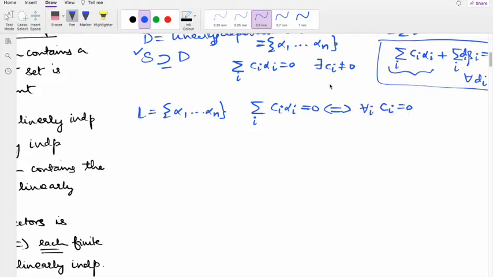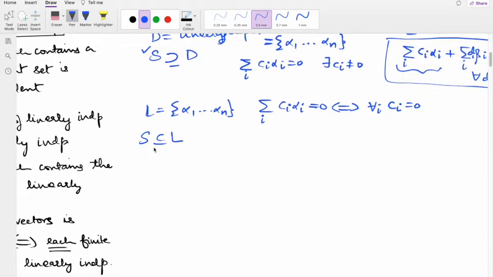Anyway, the opposite direction is trivial. This is because of the definition of a linearly independent set. If I choose any subset of this set, let's say S, which is a subset of L, I'm saying that this S will also be linearly independent.